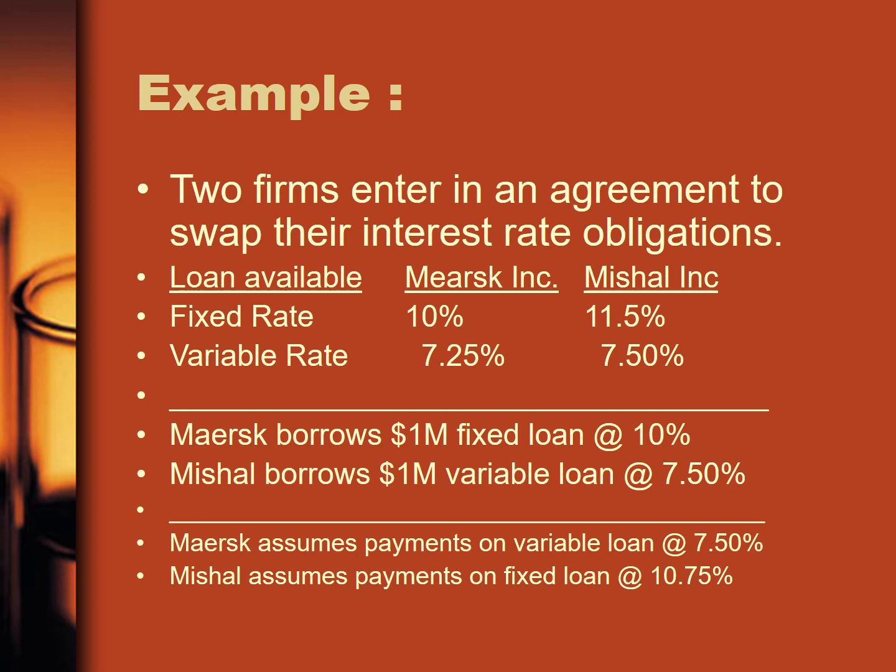As you can see, if Mars company applies for a fixed rate loan, the rate of interest charged is 10%, and if MPHIL applies for a fixed rate loan, the rate charged is 11.5%. Similarly, the variable rate is 7.25% for Mars and 7.50% for MPHIL.